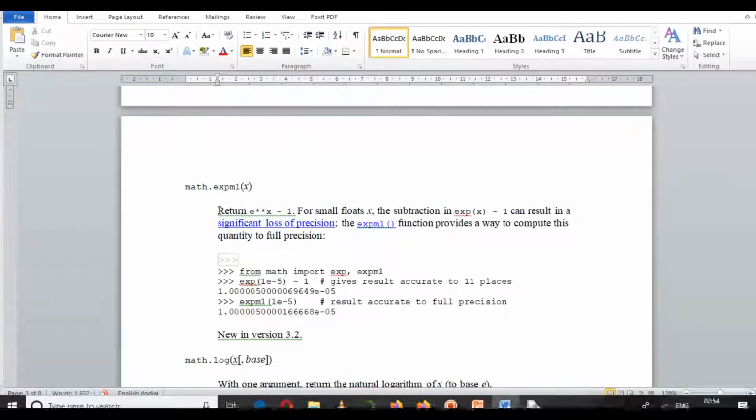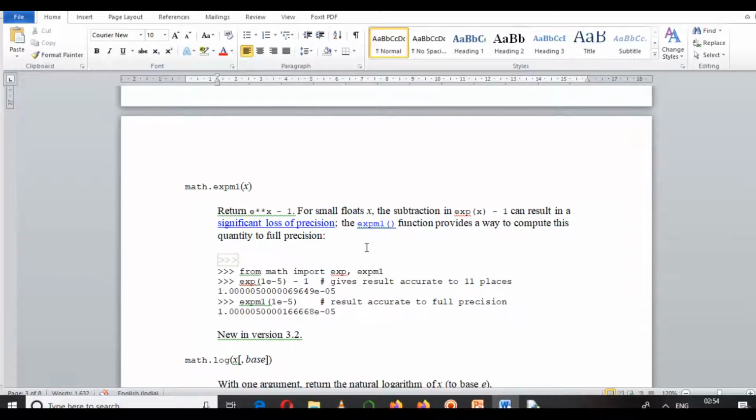And then we have the expm1 function. It returns e raised to the power of x minus 1, for a small float x. The subtraction in exp(x) - 1 can result in significant loss of precision.